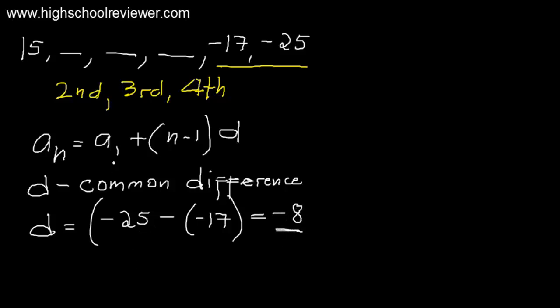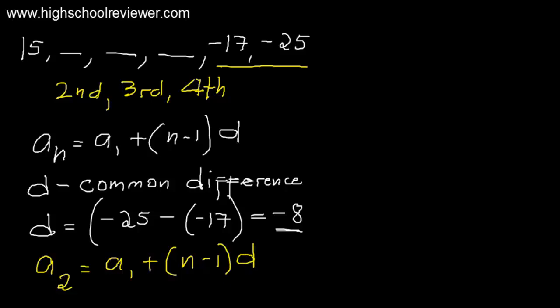We can now find the values of the second, the third, and the fourth terms, since we now have the value for d. So the equation for the second term, a sub 2, is a sub 2 equals a sub 1 plus n minus 1 multiplied by d.